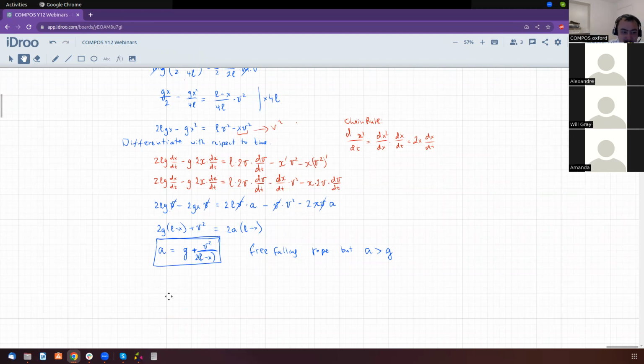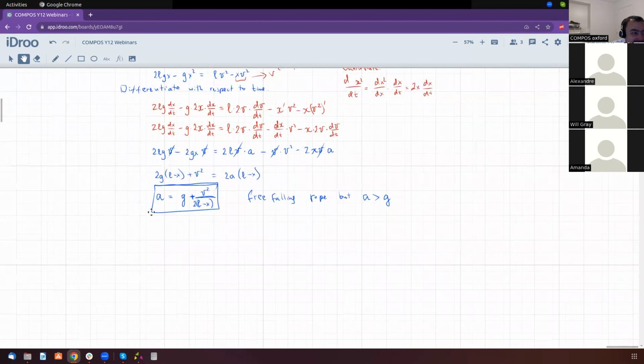Also, what you should notice is that as x tends to L, this is a, what's it called, a singularity. So a tends to infinity.